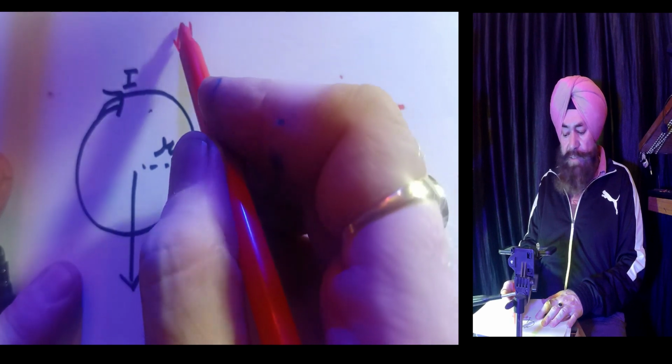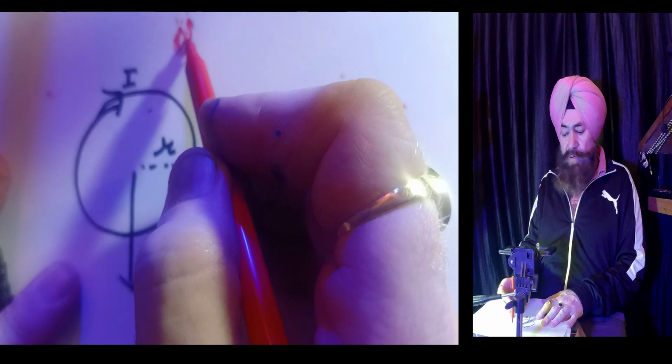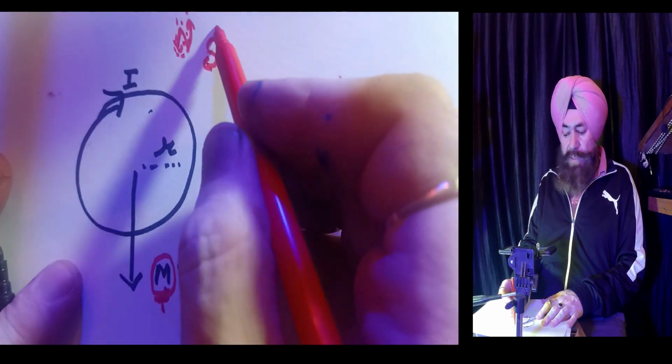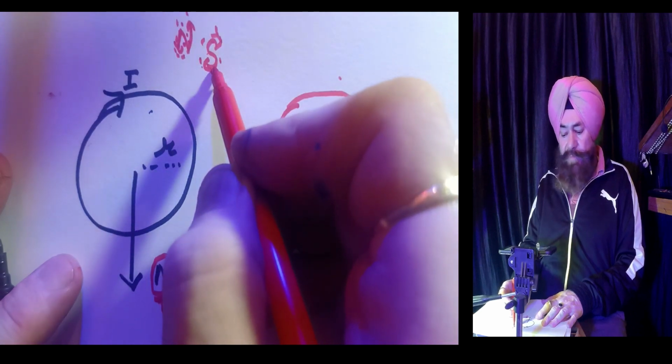If current is anti-clockwise, that will be the north pole. If current is clockwise, that will be the south pole.